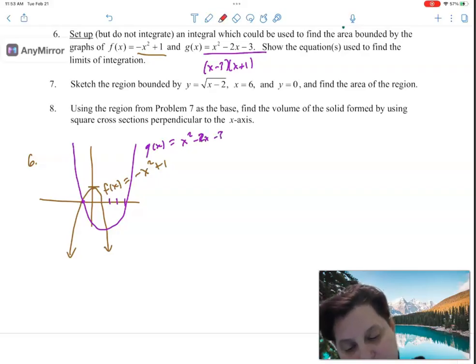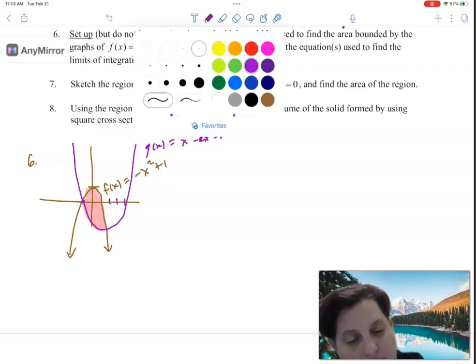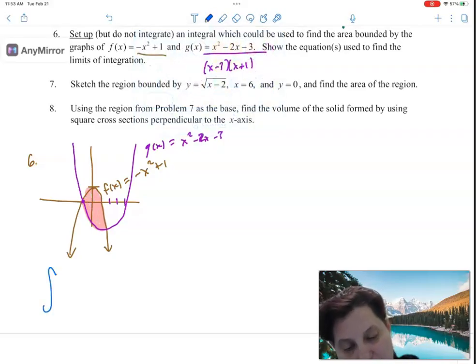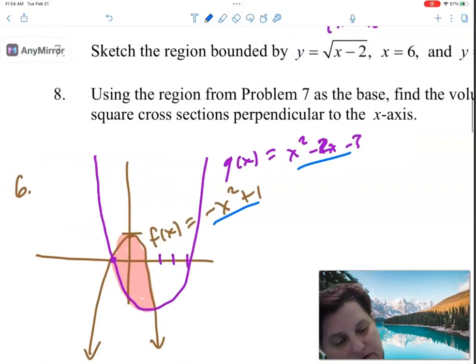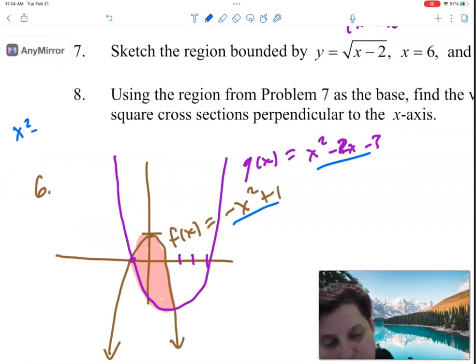All right, this is my shaded area right here. So my area equation is going to be top minus bottom from endpoint to endpoint. Now, the way I find the endpoints is I'm going to set these two equal to each other. It wants me to show my work, basically. So x squared minus 2x minus 3 equals negative x squared plus 1.